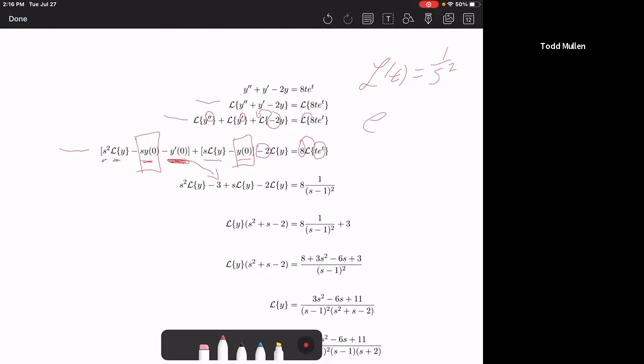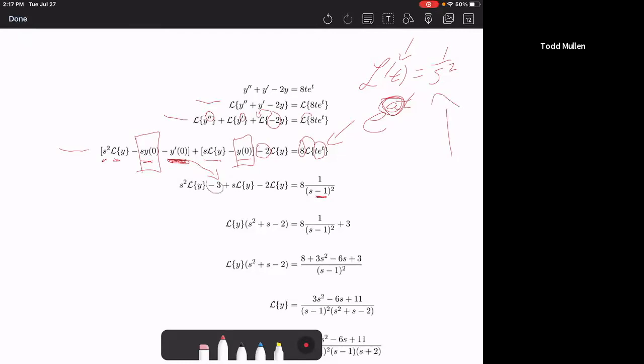But this e to the t, when you see something in the form e to the at, that a term tells you how much to shift it by, how much to translate it by. Since a in this instance is just 1, it's just e to the power of 1t, we are going to translate it by 1. So it becomes s minus 1 squared instead of s squared.